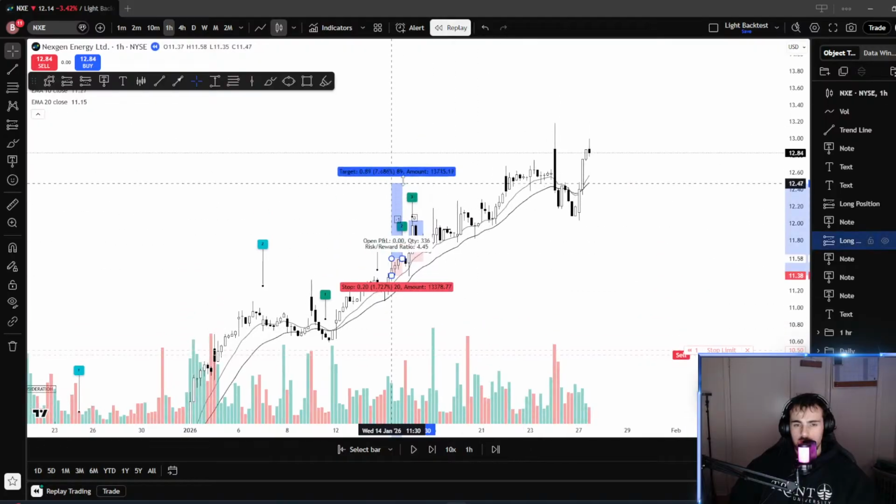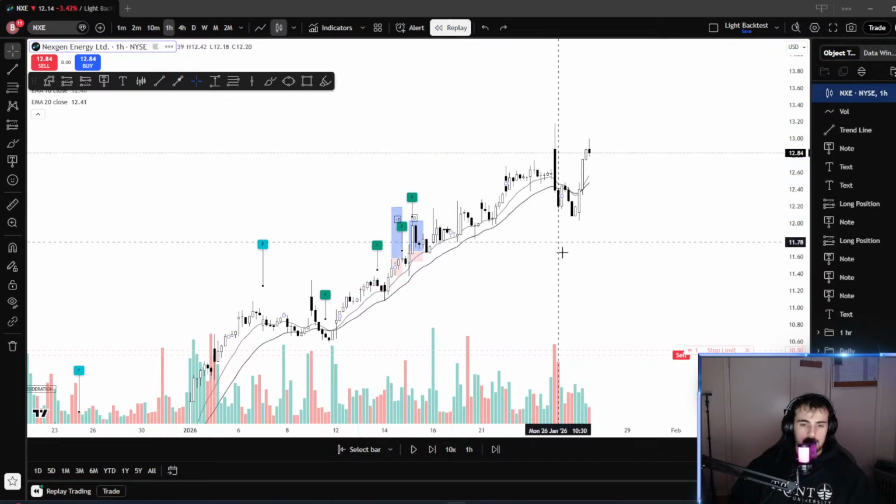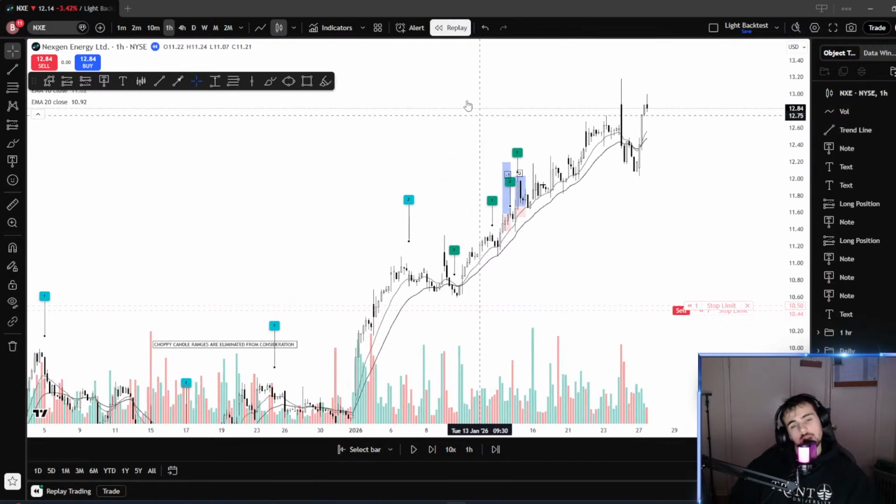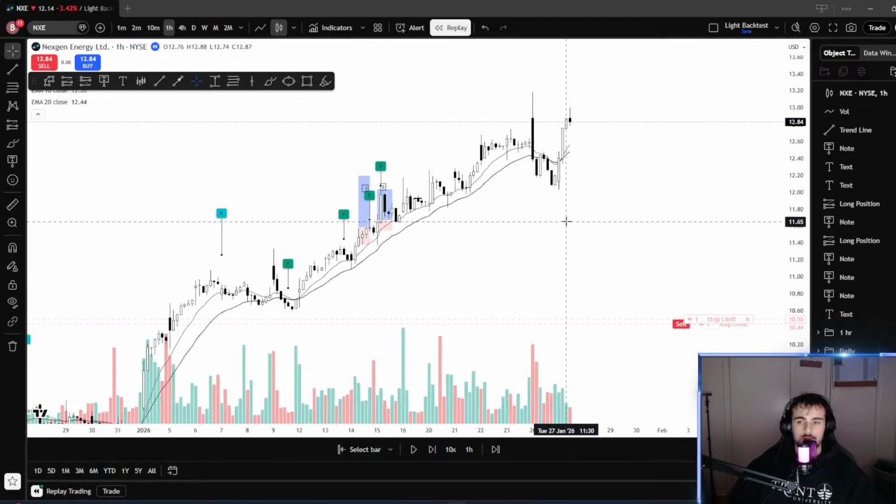Oh my God, this trade would have went for 78 RR. It's cool.